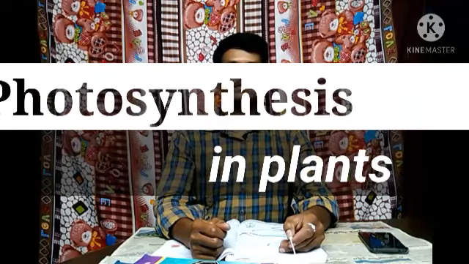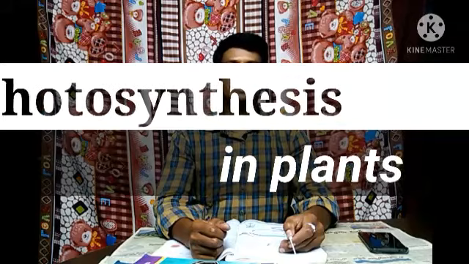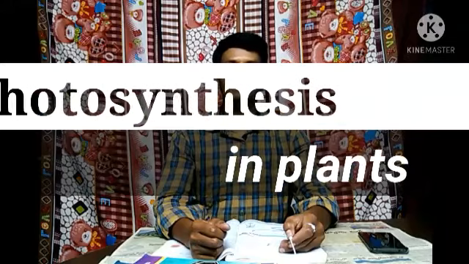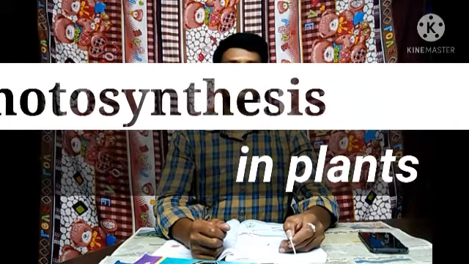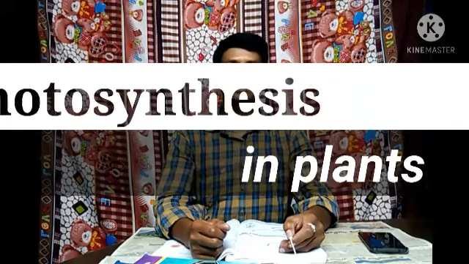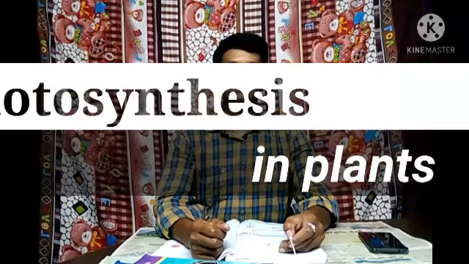What is photosynthesis? Photosynthesis is the process in which plants containing the green pigment chlorophyll build up complex organic molecules from relatively simple inorganic ones using light energy as an energy source.